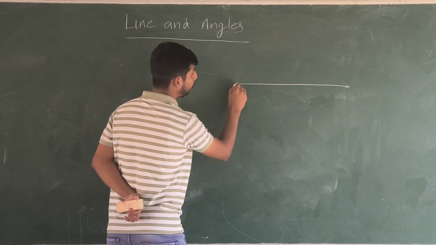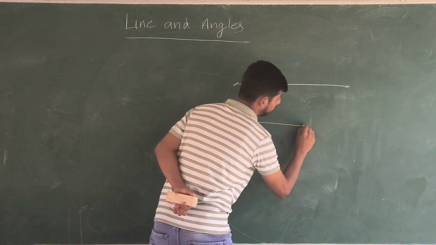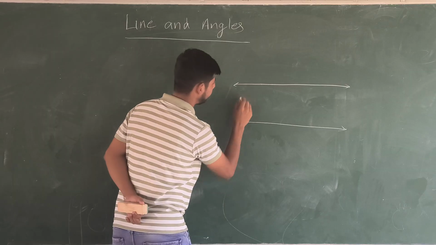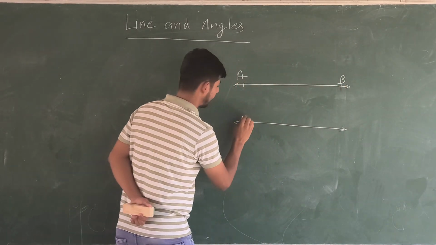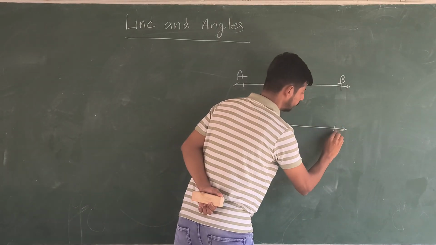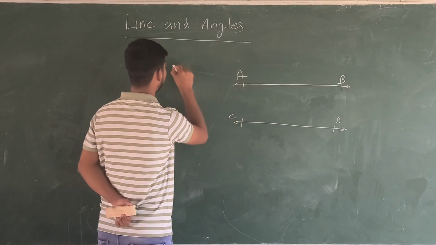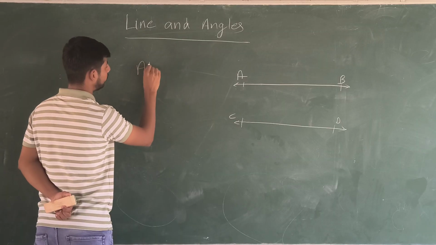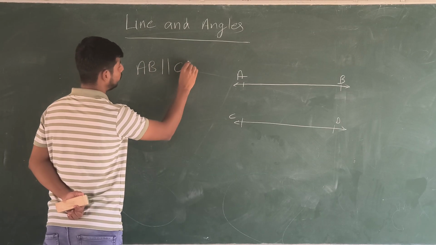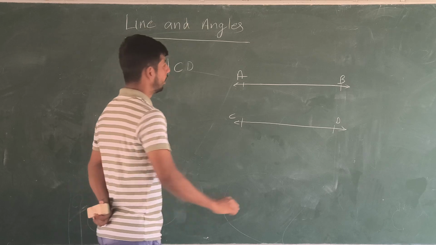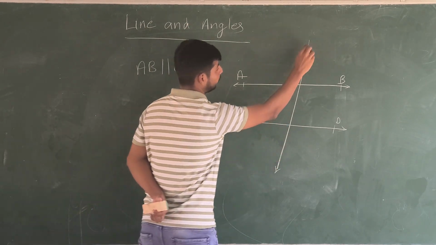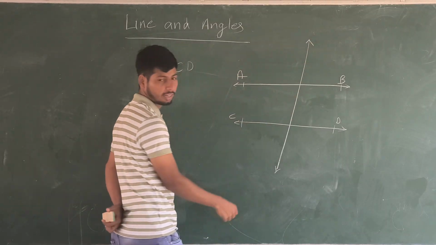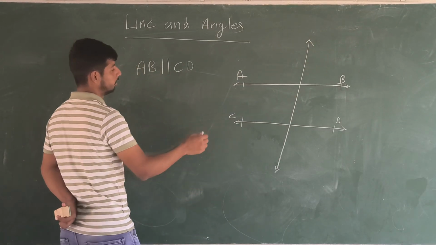Let's take, we have two parallel lines here. Line AB and line CD are parallel. Line AB is parallel to CD, and a line intersects both the lines, which means it is a transversal.